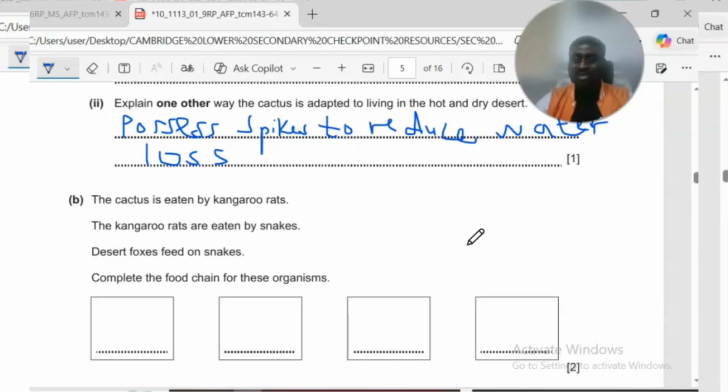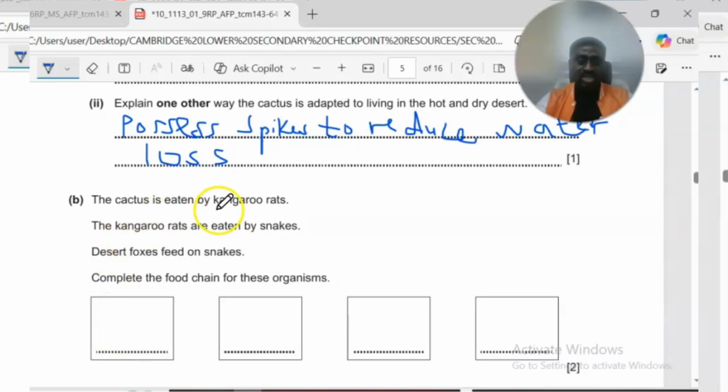So we call that feeding level or trophic level the food chain, where energy is transferred from one organism to another. So this question requires us to arrange this eating pattern or feeding pattern in the correct sequence.